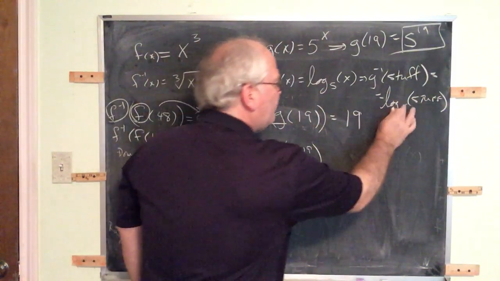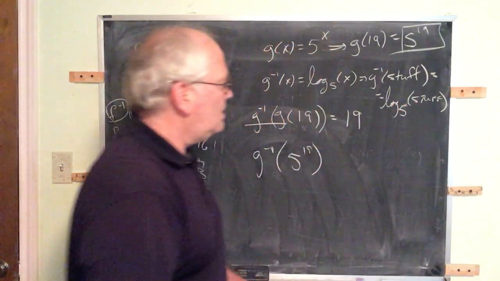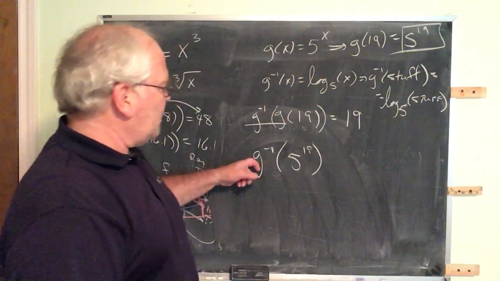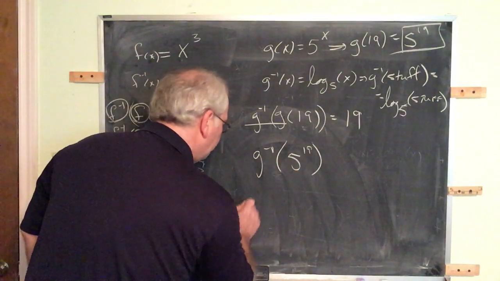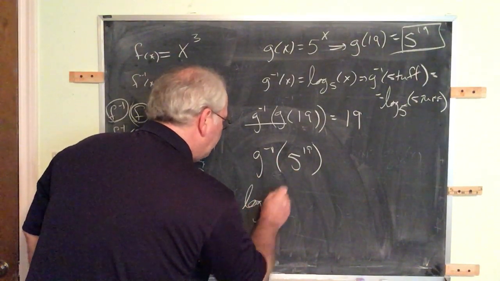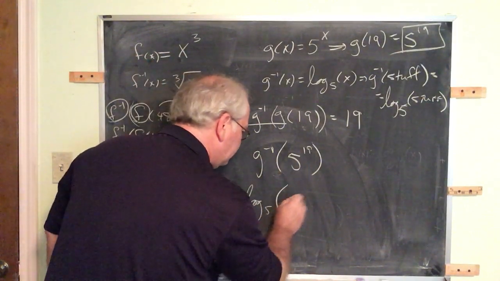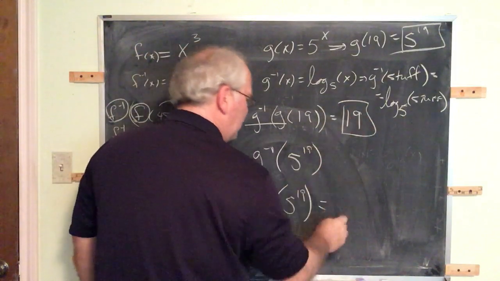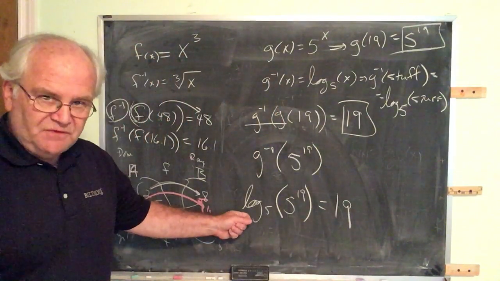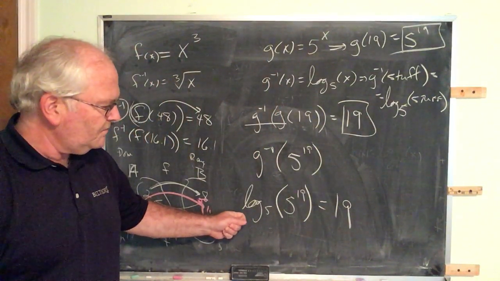So g inverse of this is the same thing as log base 5 of this. But what did we say that was originally? That's 19.